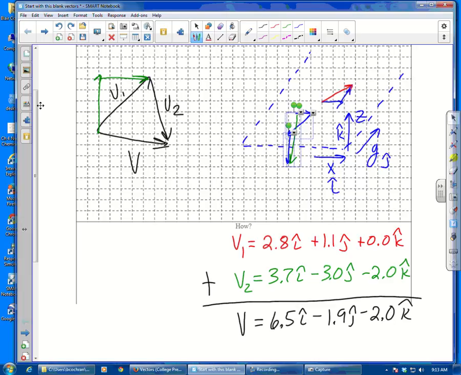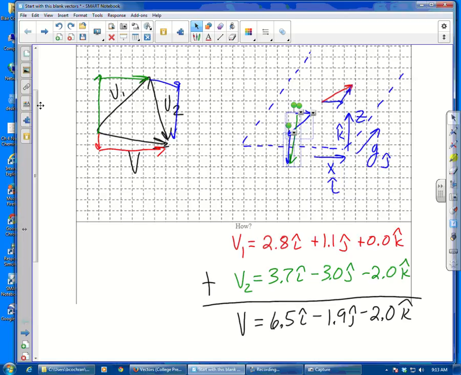There are the components of V1. And then the components of V2 are like that. And the components of my last one would be like that. So, the green vertical plus the blue vertical adds up to the red vertical. The green horizontal plus the blue horizontal equals the red horizontal.